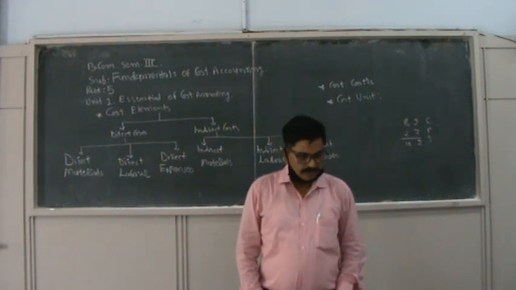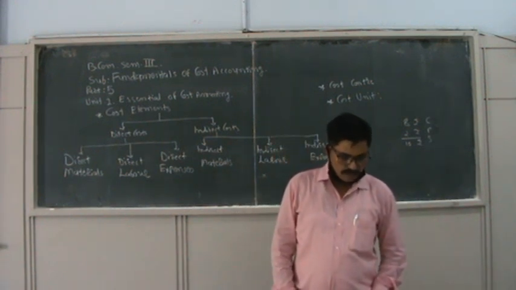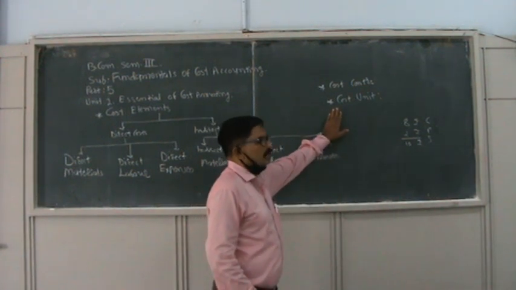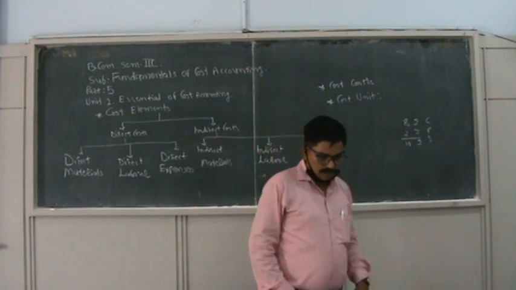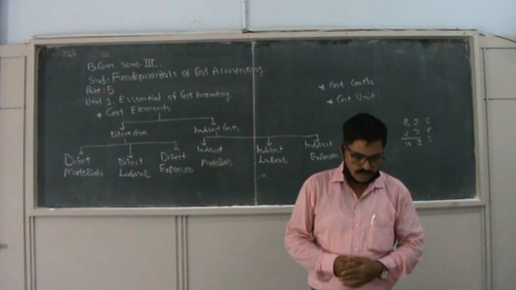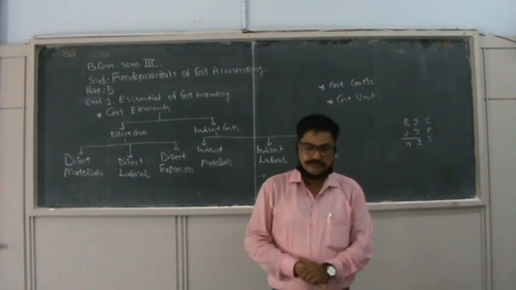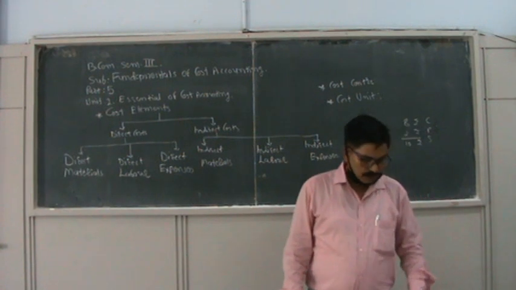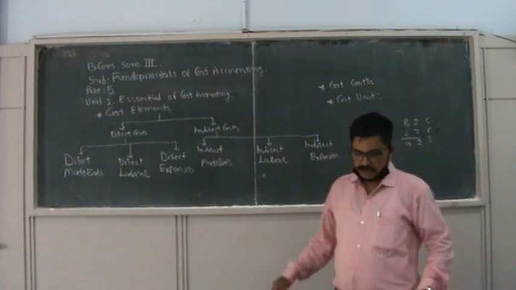So per day per room is the cost unit for the hotel industry. For a gas company, cubic foot or cubic meter is the cost unit, right? So this is the cost unit.